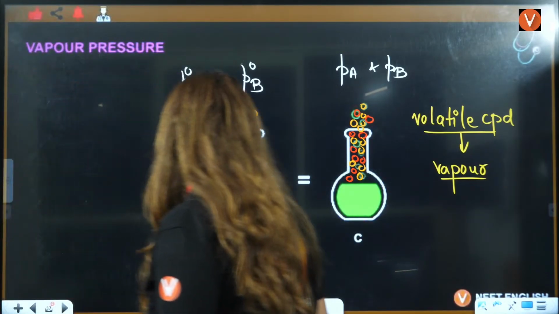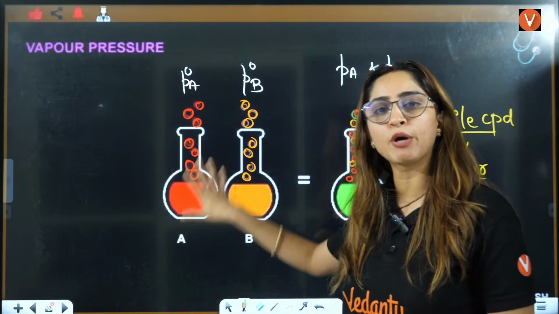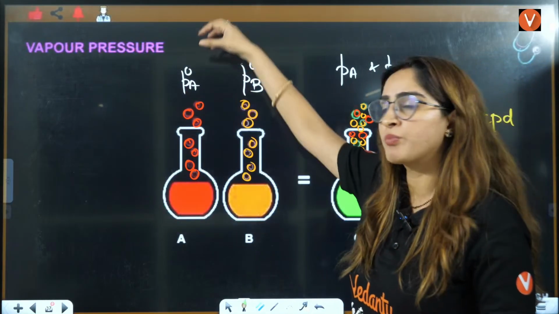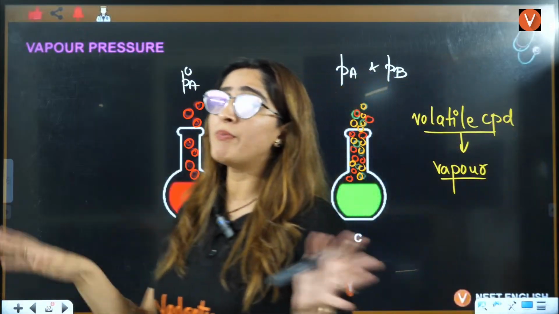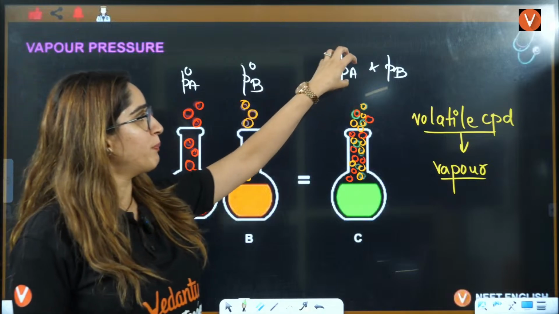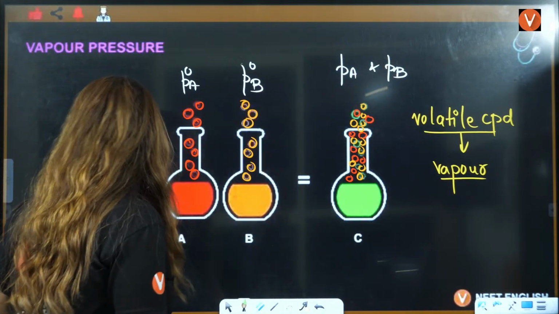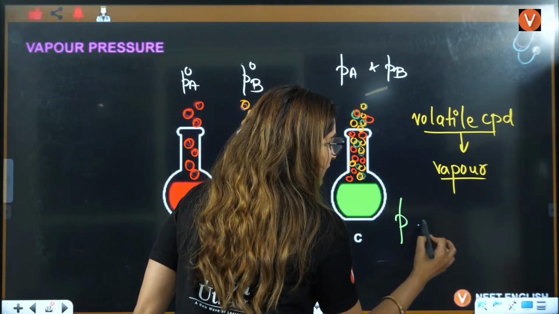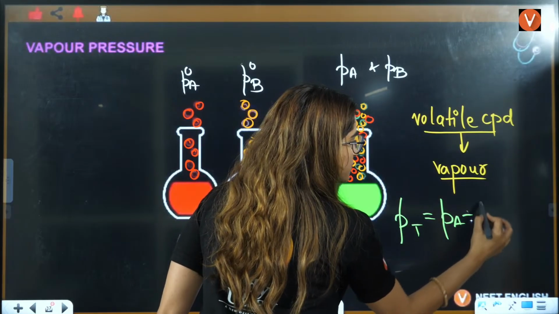What I told you is that you have a pure liquid A, pure liquid B. This puts the pressure P naught A, this puts the pressure P naught B. When you mix them together, this will put the pressure PA, this will put the pressure PB. Now, what is the total pressure? The total pressure in that mixture is going to be PA plus PB.